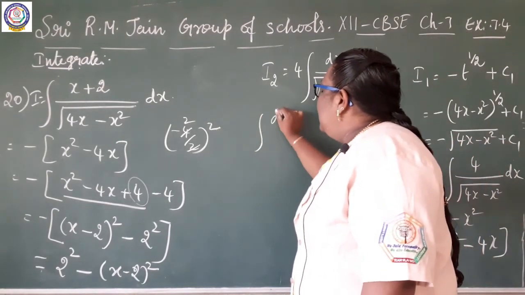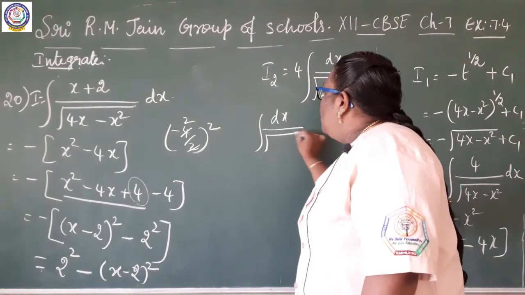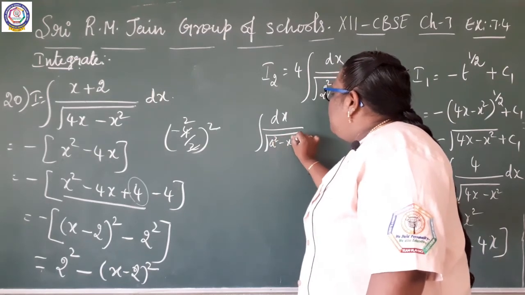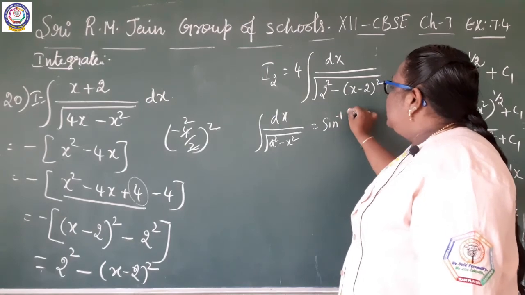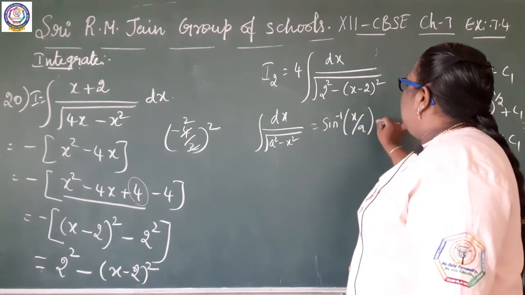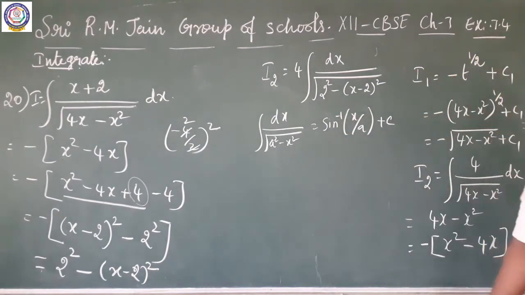So integral dx by root of a square minus x square equal to sine inverse of x by a plus c. What is the formula? Sine inverse of x by a plus c.